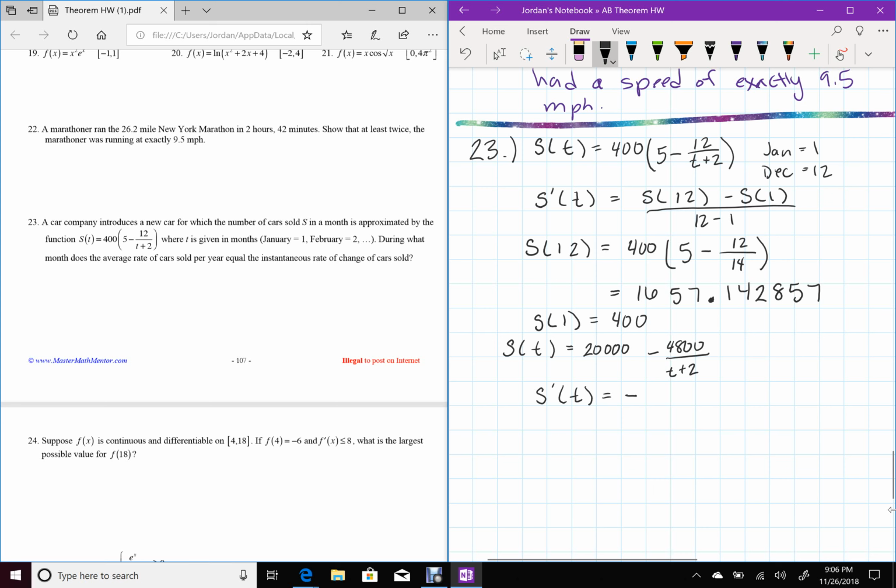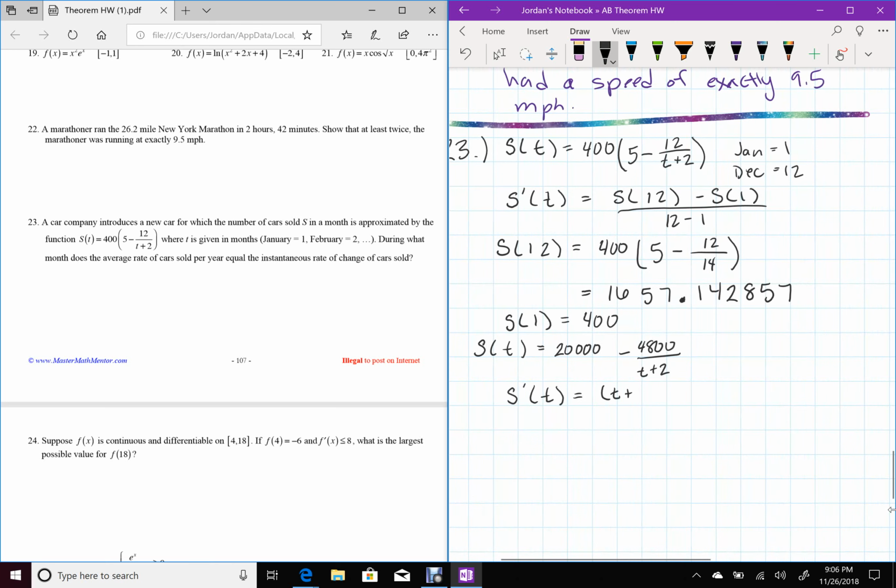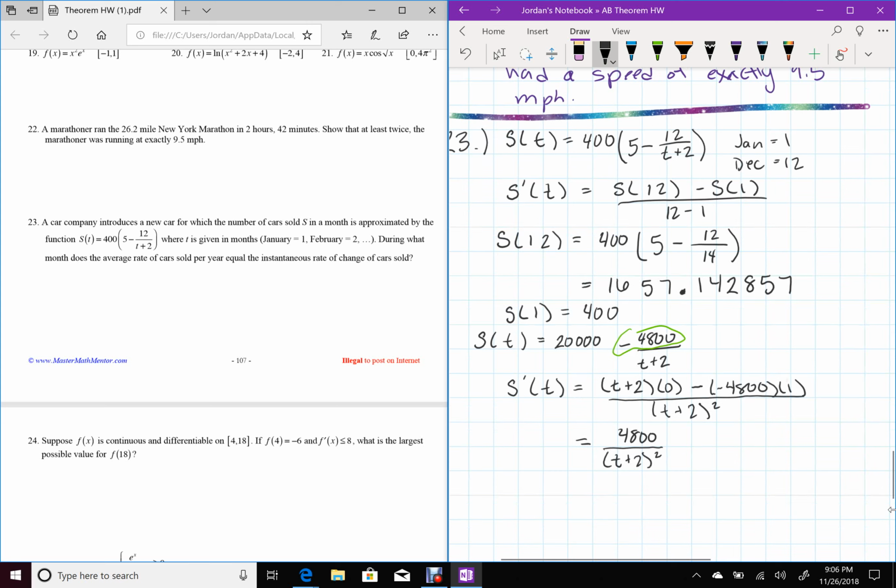It's low, which is t plus 2, d high, which is the negative 4,800, so it'll be 0, minus high, d low, which is just 1, over low squared, which is t plus 2 squared. So we get 4,800 over t plus 2 squared is the S prime.